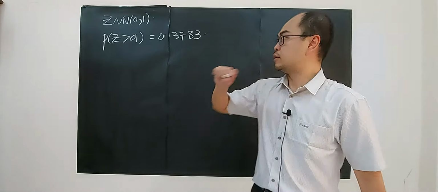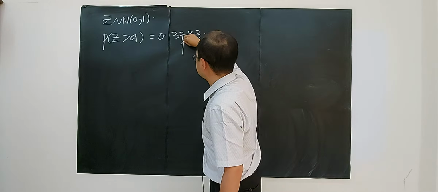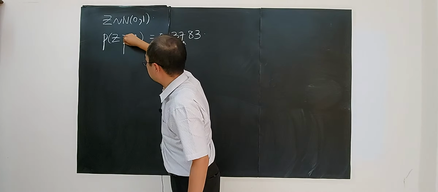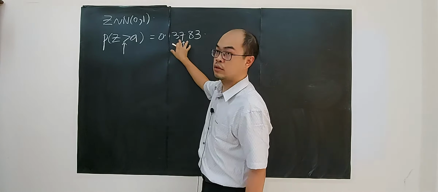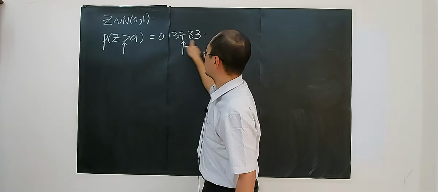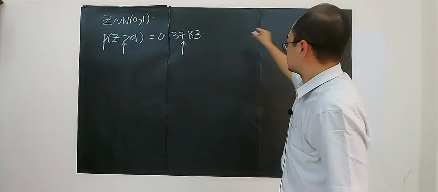Okay, so definitely you must have some knowledge of normal distribution. At first, the most important thing is you look at this value and the sign here, very important. Not just this value, but the sign together with it, right? So if you want to find A, this is the strategy.